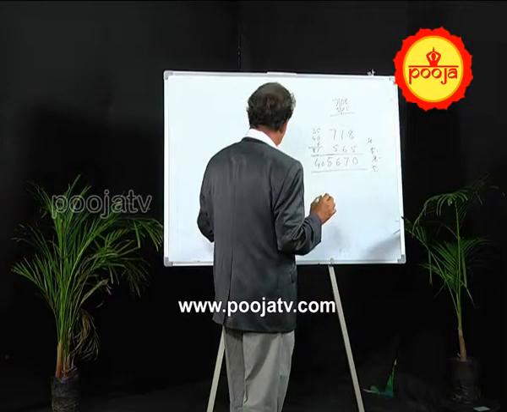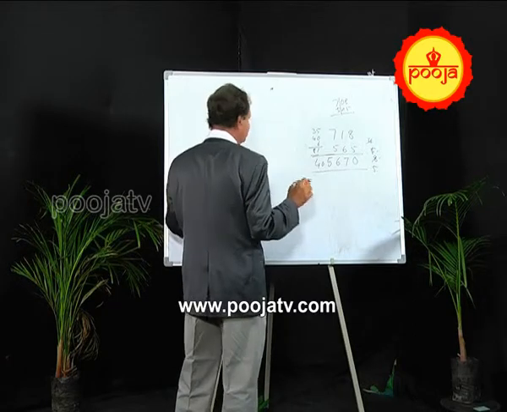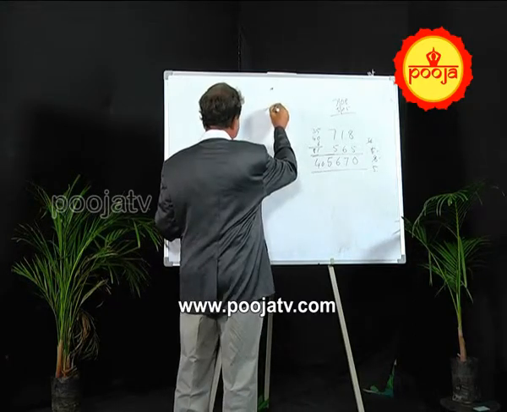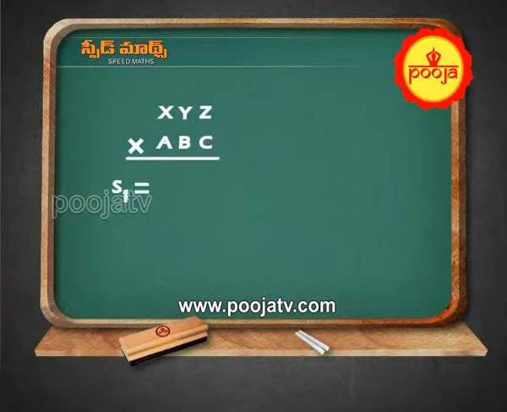For this I will show you a diagram, and if you remember this diagram you can do it easily. See, XYZ into ABC. Step 1, C into Z, CZ. Step 2, C into Y, CY plus B into Z, BZ.